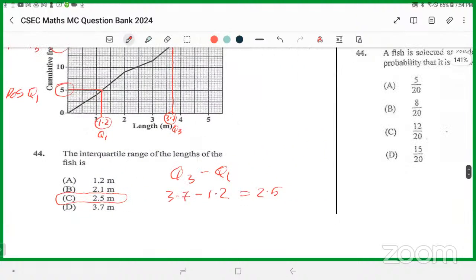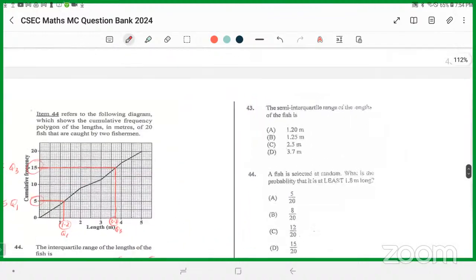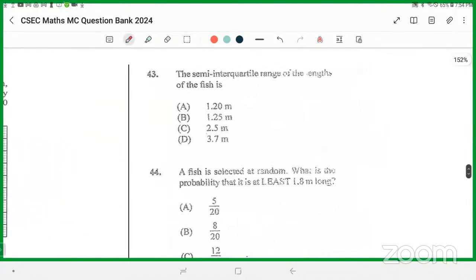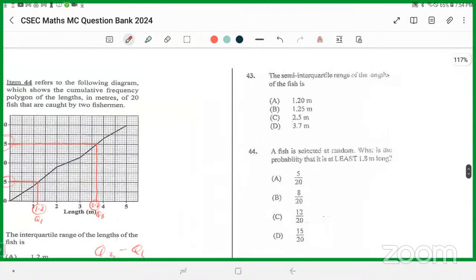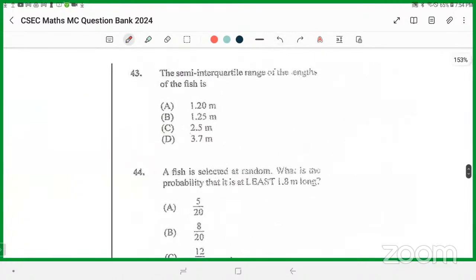You just have to work it out in the exam, guys. All right. Over here, that's us for the semi-interquartile range. It's basically half the interquartile range that we just calculated. Remember, the semi-interquartile range is the interquartile range divided by 2.